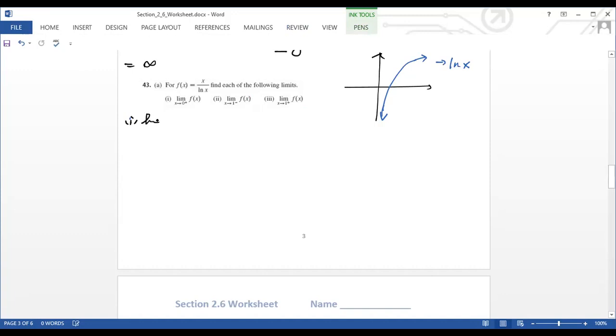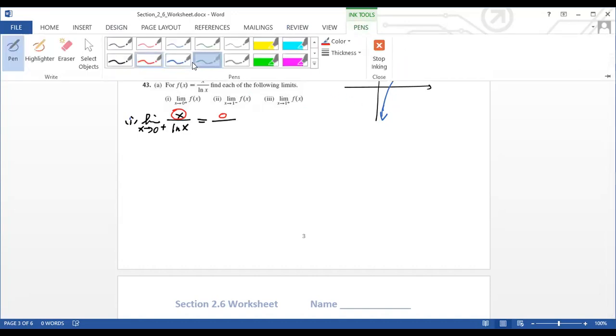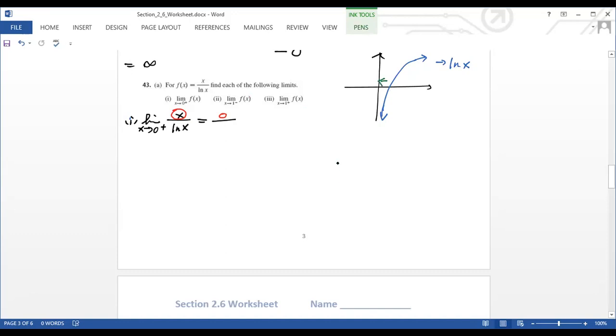It's the limit as x approaches 0 from the right-hand side of x times natural log x. See here, as x approaches 0 from the right-hand side, this number is going to approach zero, right? Now let's take a look at the natural log function. When x approaches 0 from the right-hand side, you approach from here. So you trace your log, what happens here? What are you going to get? Negative infinity. So now in here, you have something where the numerator is 0 and the denominator is going to approach 0 very fast.